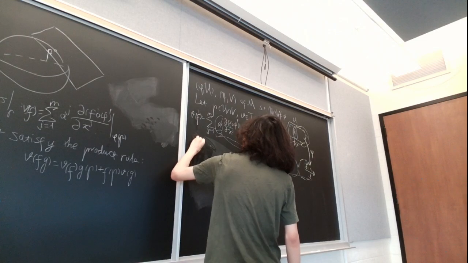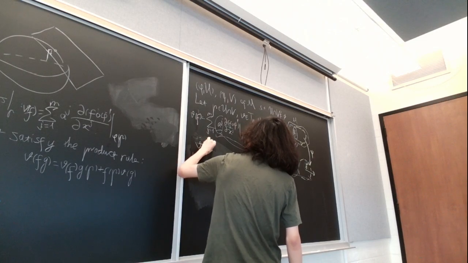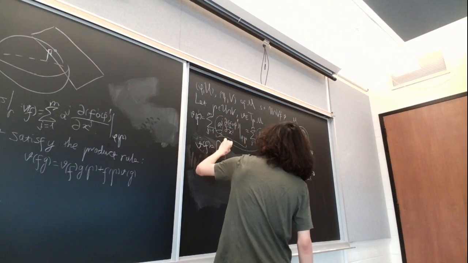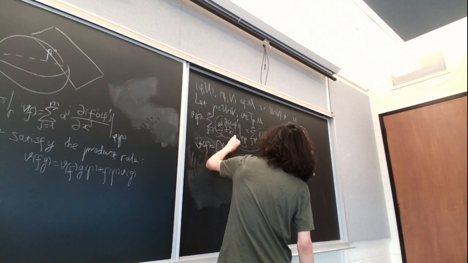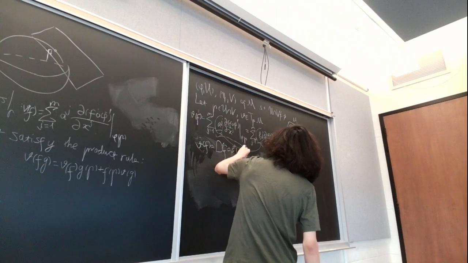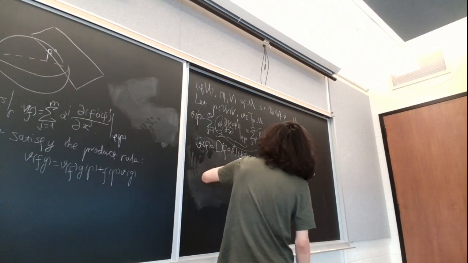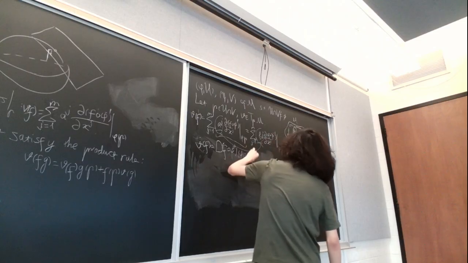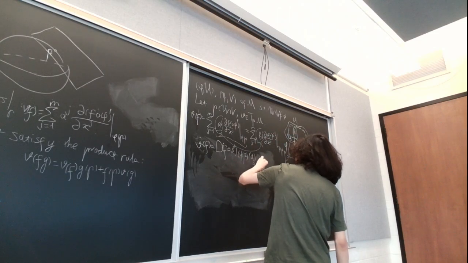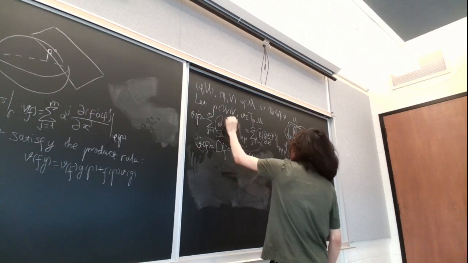This local representation is equal to the Jacobian applied to phi minus 1 at 0.5p, and then you apply a to it, where a is the coordinates a1 through am. It's these coefficients.